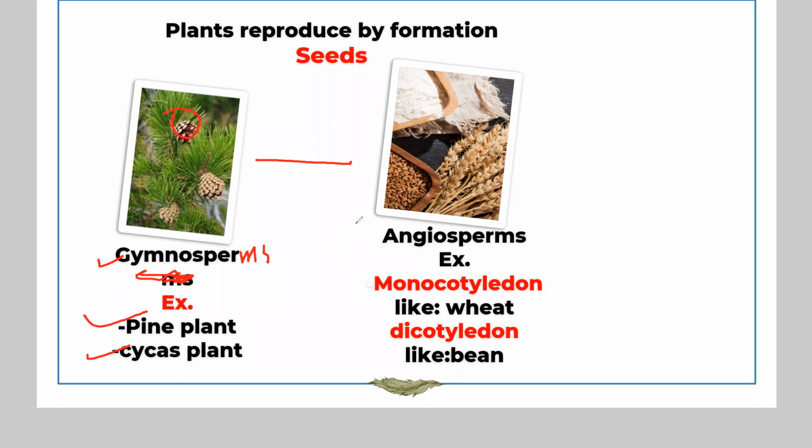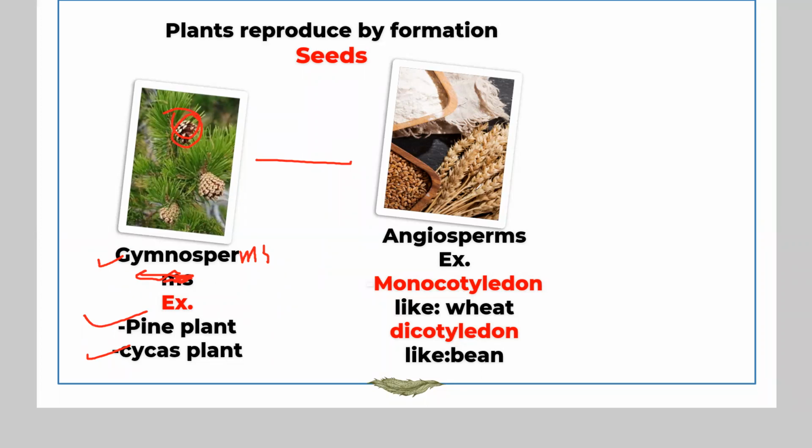While angiosperm is a flowering plant whose seeds exist within a fruit. So the difference is that the seeds of a gymnosperm exist within a cone or cones, and the seeds of an angiosperm exist within a fruit.